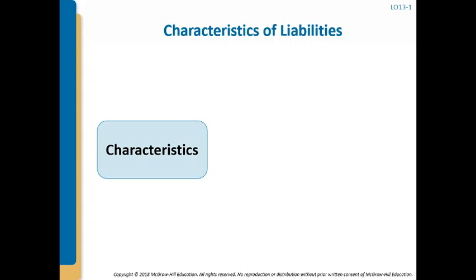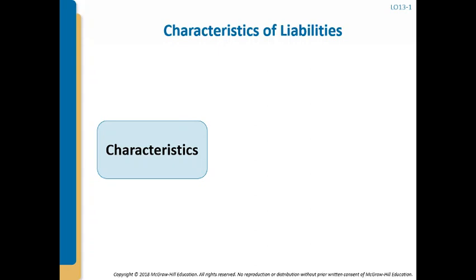So, what are the characteristics of a liability? Well, a liability is an obligation that a company has. Normally, you think that this obligation must be paid back in cash, but that's not true. It could be paid back with assets, or it might be paid back by providing services, but usually it's cash.